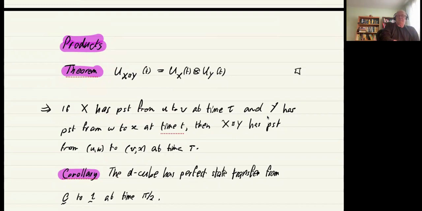Now, one of the 2 basic principles of quantum mechanics is that each quantum system is given by a state space, and a composite quantum system is given by the tensor product of the state spaces. The simple setup is you have Alice working at her bench, experimenting with some walk on some graph, and Bob working on his bench with some walk on some graph.